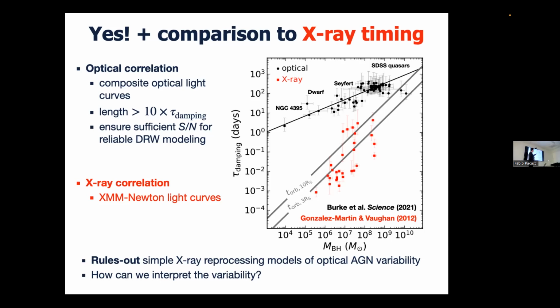That's what you see here in the black data points. So we've gone from nearby dwarf galaxies with AGNs to NGC 4395 to SDSS quasars over there.